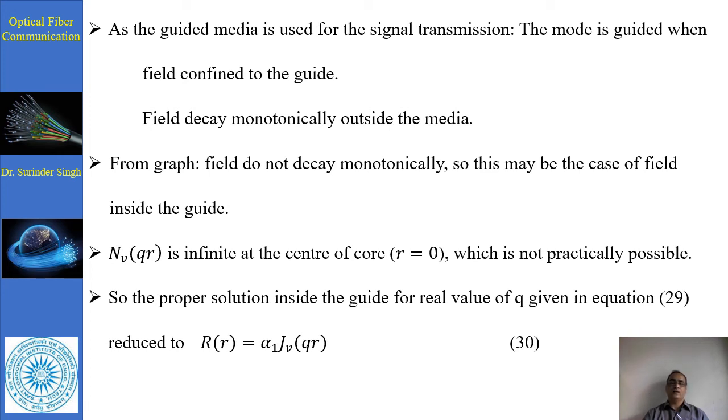The Neumann function is infinite at the center of the core, r equal to 0. That is not possible, so the Neumann function is not part of the solution. The proper solution inside the guide for real q is R of r equal to alpha times the Bessel function of qr. Only the Bessel function is to be considered.